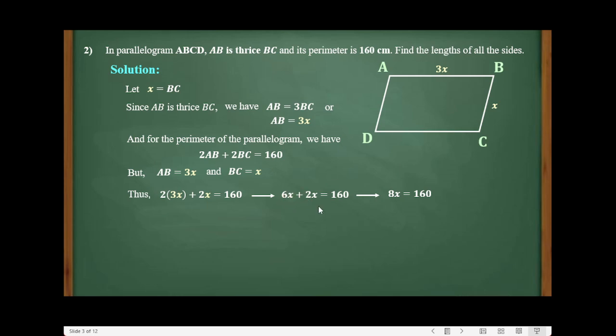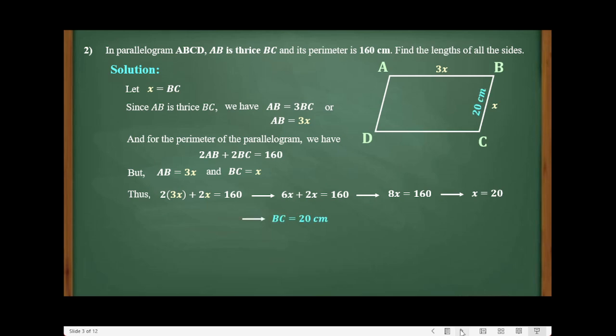So 6x plus 2x is 8x, which is equivalent to 160. We divide both sides of this equation by 8 to eliminate 8 from 8x, so that the left side becomes x, which is now equal to 160 divided by 8, and that is 20. So at this point, we have just solved for x, and the value is 20.